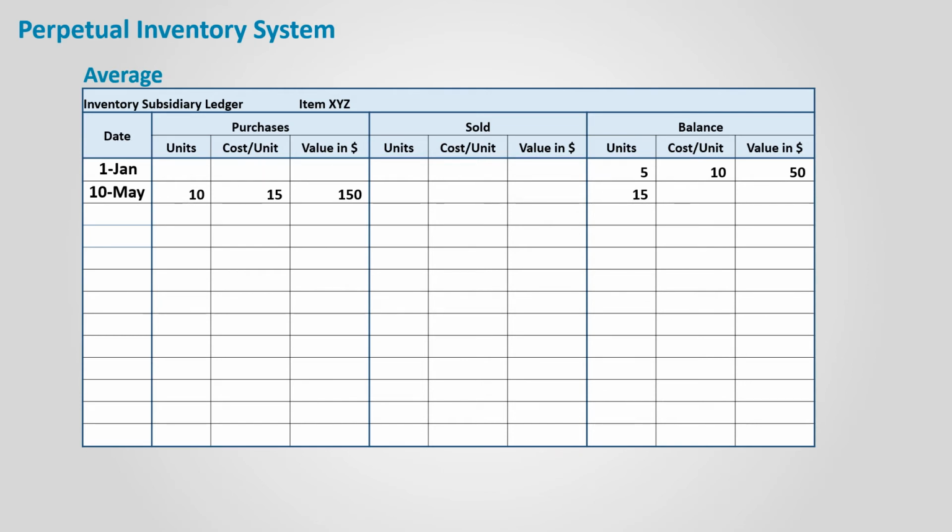The value of this balance is $200. That is $50 from the beginning inventory plus the $150 paid for the purchase. The average cost per unit is equal to the value divided by the number of units. So it is equal to $200 divided by 15 units, which equals $13.33.